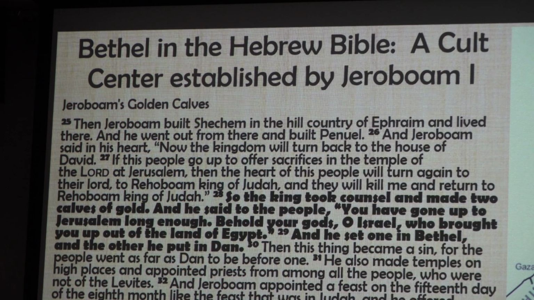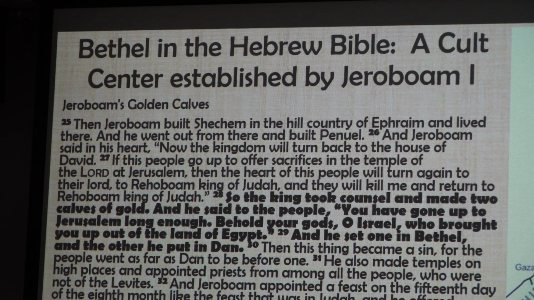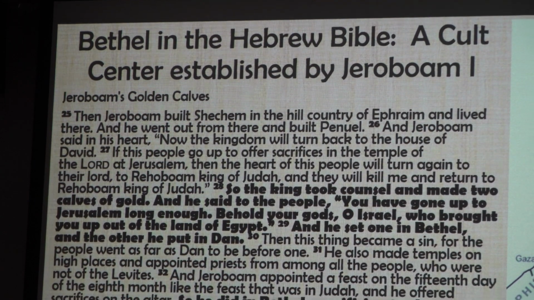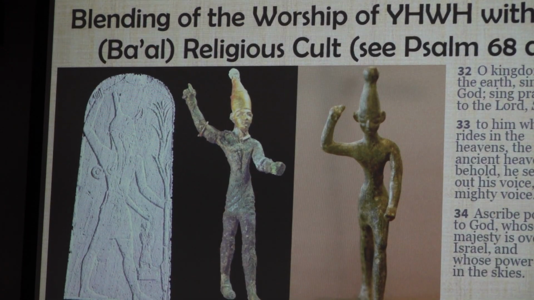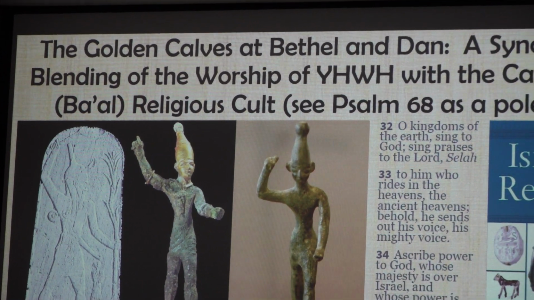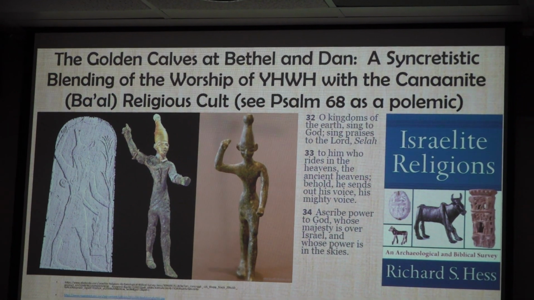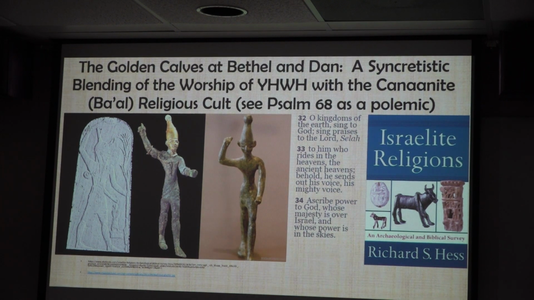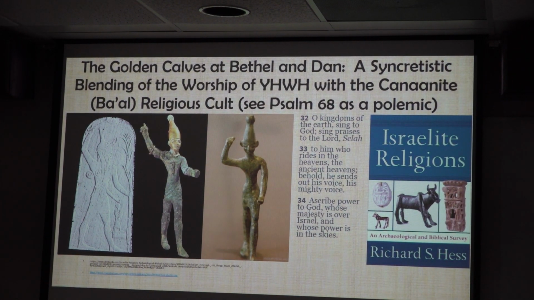So this again was an alternative temple and worship site right on the border of Judah to prevent people making pilgrimage to the temple in Jerusalem. So as I mentioned before, this worship of these calves actually was a blending of the worship of the Lord and Canaanite religion.